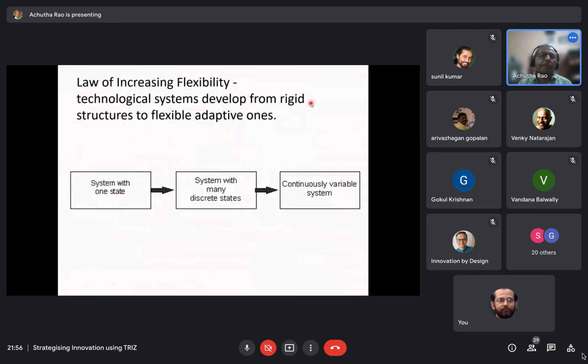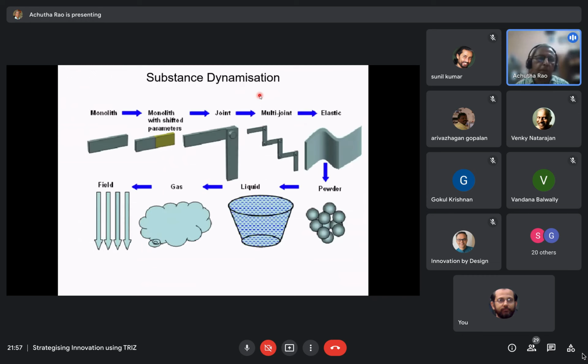Okay. So basically, I will just rush through some things like a system with one state, a system with discrete different states, a system continuously variable. It's one of the trends of increasing dynamism and flexibility. Starting from a monolith, then folded scale, folded differently, ultimately we have a laser measurement, right?